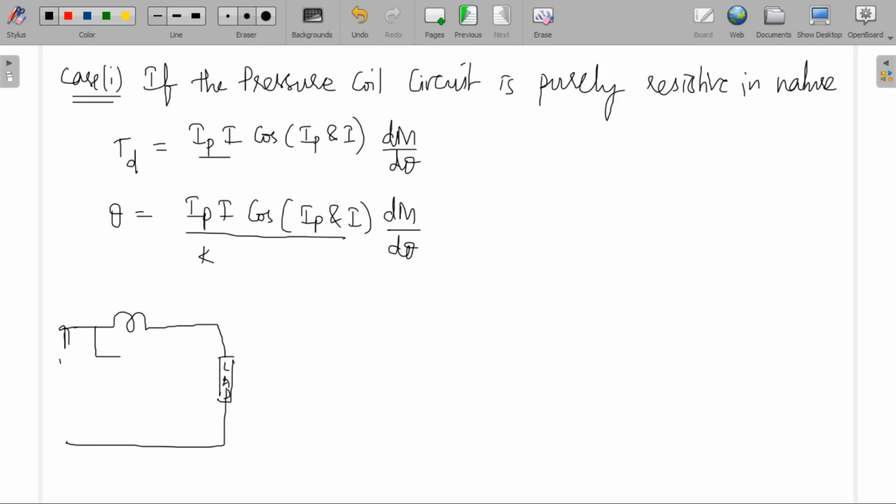Let V be the voltage applied to the circuit. Phase, neutral. Now I am considering the pressure coil circuit is purely resistive in nature. If it is purely resistive in nature, this will be the circuit for dynamometer wattmeter. The current which is flowing through this is I, the current which is flowing through this is IP. Now let me draw the phasor diagram.